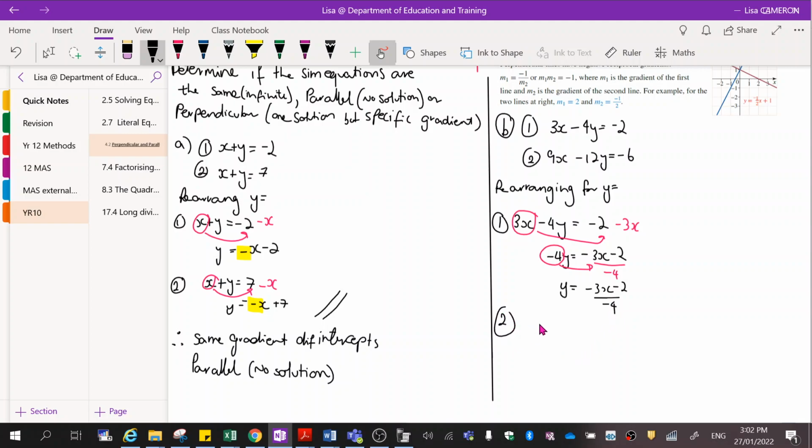Now let's do the same thing for equation 2. So 9x minus 12y equals negative 6. Take the 9x to the other side. State what we have left: negative 12y is equal to negative 9x minus 6.